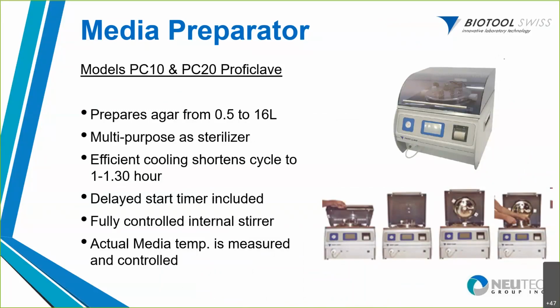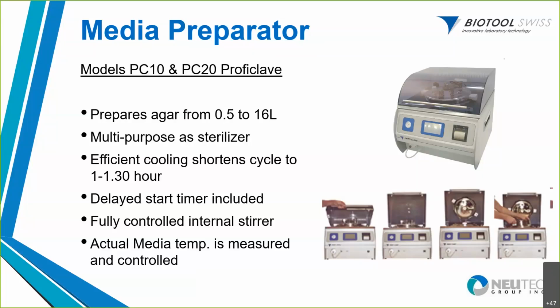They're very good in that they have a fully controlled internal stirrer, so you don't have to go in there and stir it. It's all done automatically. They have an efficient cooling system, which shortens the cooling process, so you don't have to extend the test time for so long.